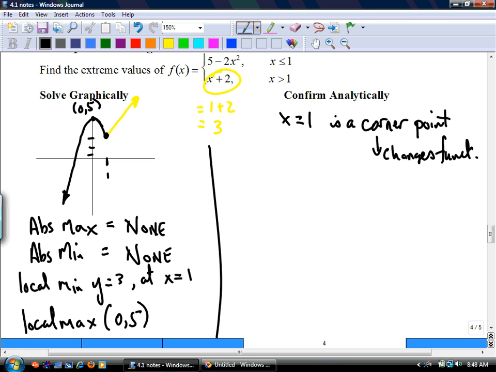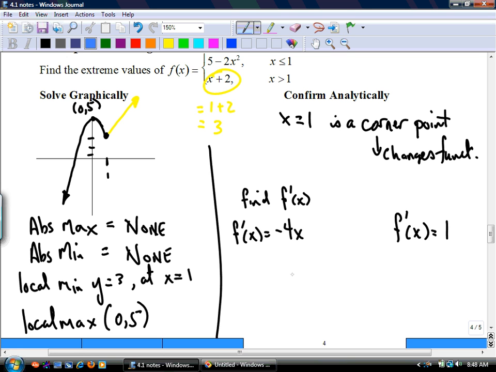Okay, next one. Step 2. Find the derivative of each of the functions. Find f prime of x for each of the functions. So f prime of x equals negative 4x, and f prime of x equals one.